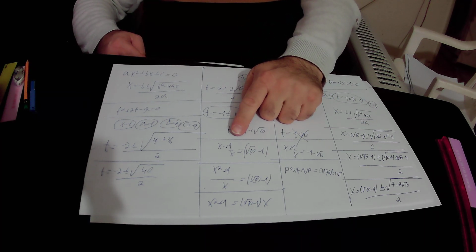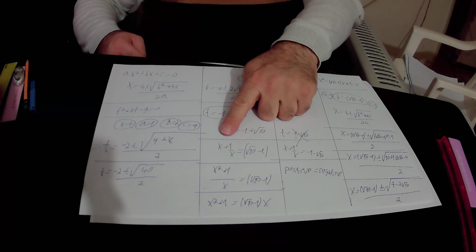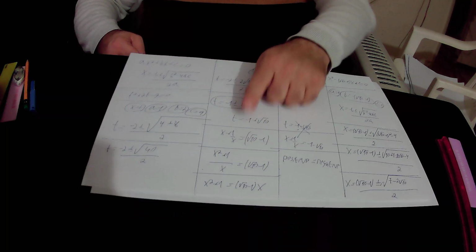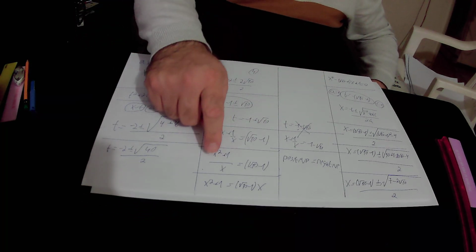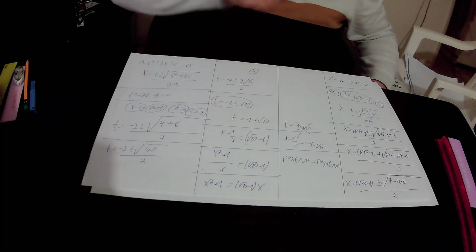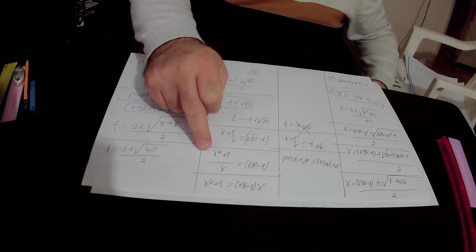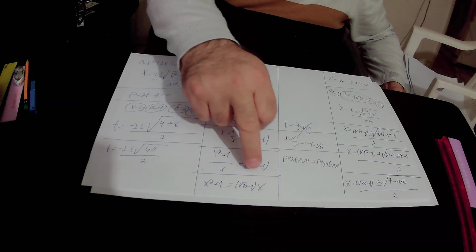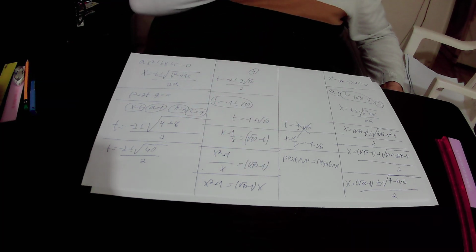Here we multiplied x by x, and then we divided by x in order to have a common factor. We found 1 over x, and we got that x squared plus 1 over x equals to square root of 10 minus 1. Here we multiplied this equation by x, and we got that x squared plus 1 equals to square root of 10 minus 1 times x.